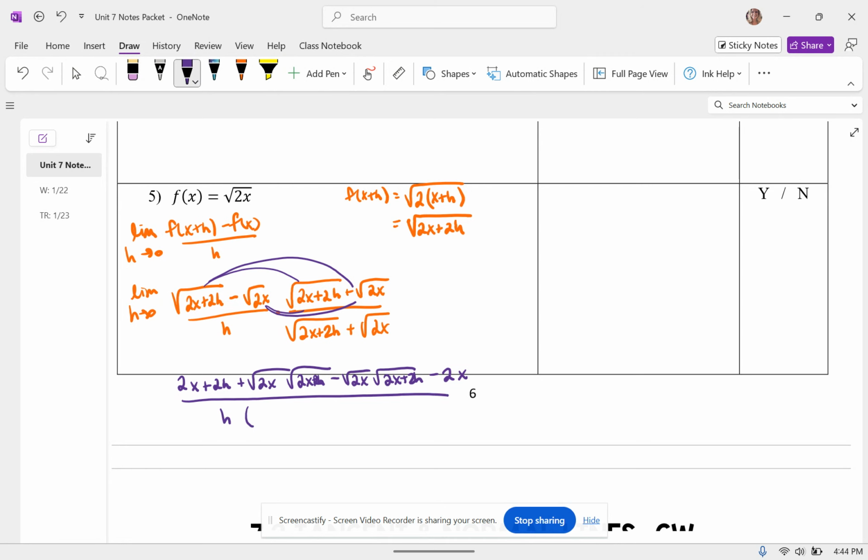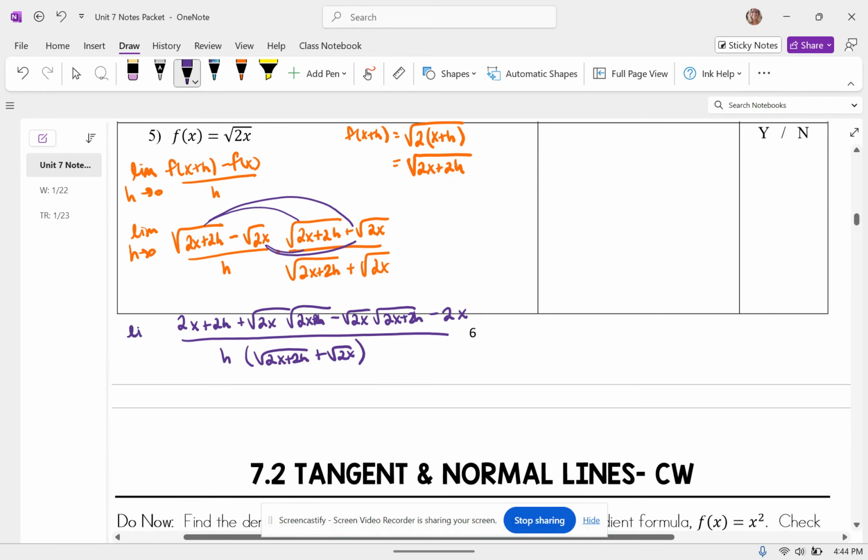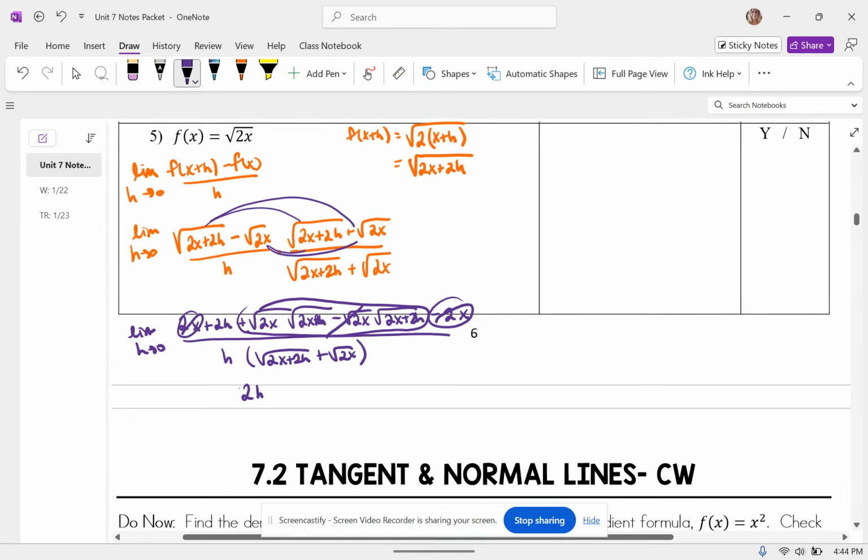All right. So then now let's see. These cancel. These cancel. I now have 2h over h. Yay, these cancel. And then radical 2x plus 2h plus radical 2x.